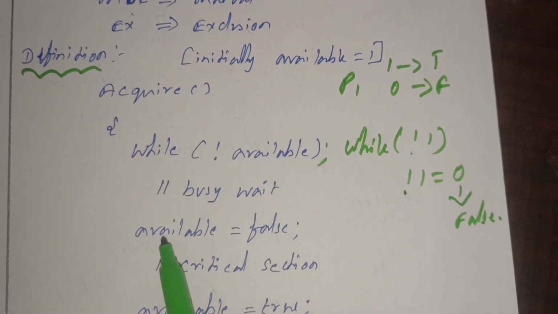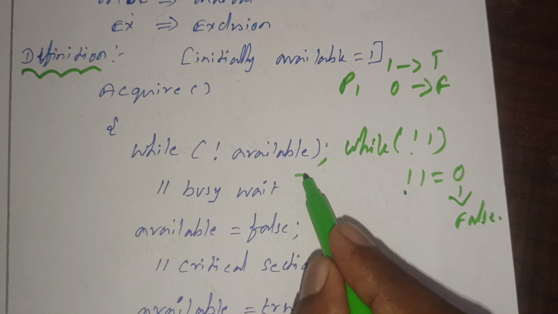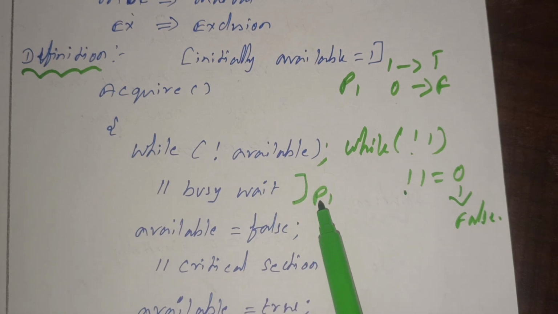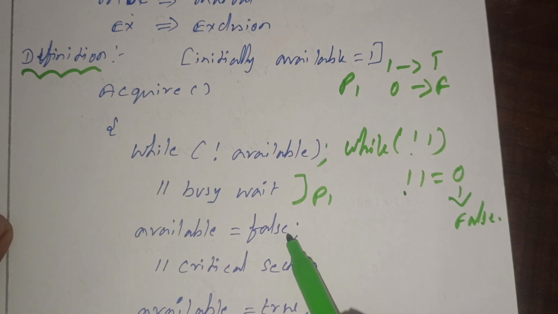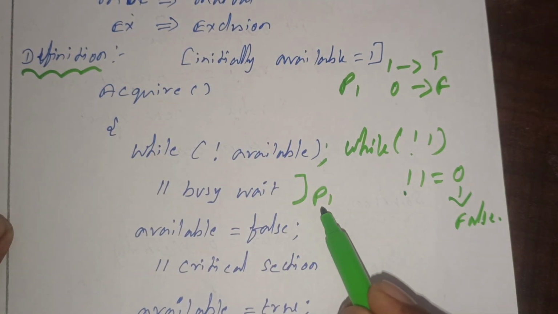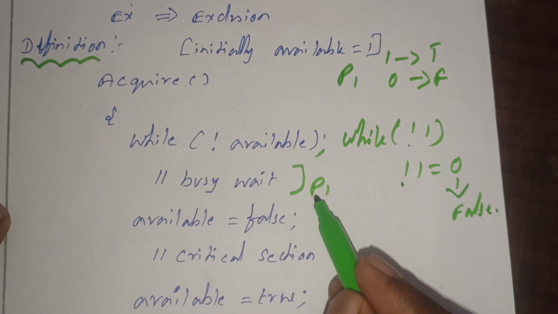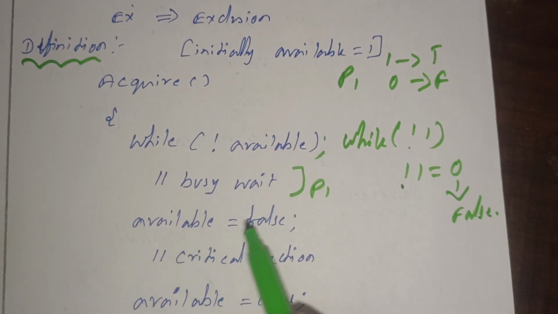When P1 gets inside, it makes other processes wait. How does P1 do this? When getting inside, I am making available equal to false, right? Available is equal to false. Once P1 enters, it makes available false.